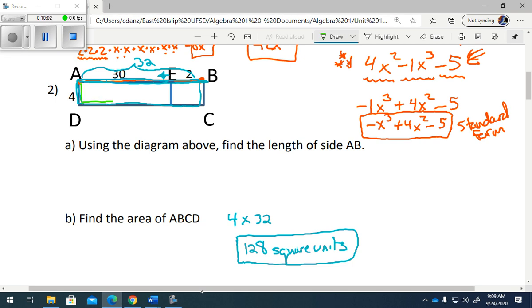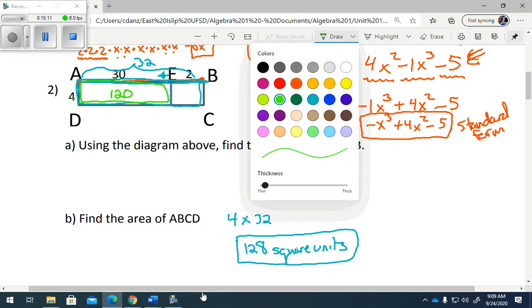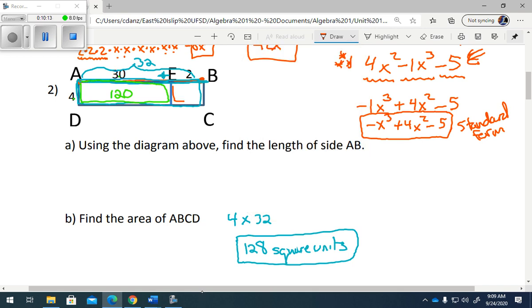I can do the area of this rectangle right here, the smaller rectangle. 4 times 30 is 120. And then I can do the area of the other rectangle right here. 2 times 4 is 8. And if I add those two pieces together, the area of a total figure is equal to the area of its small divided pieces.